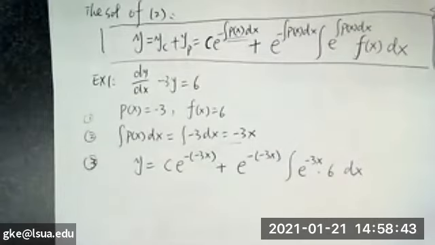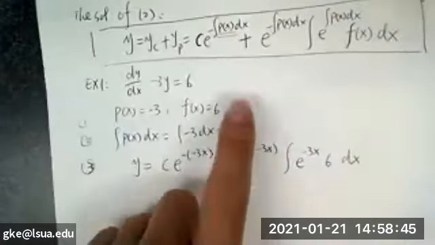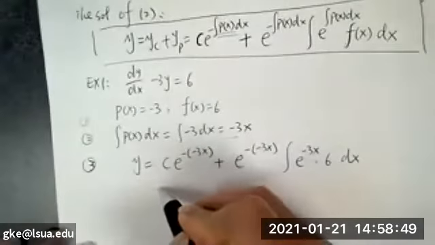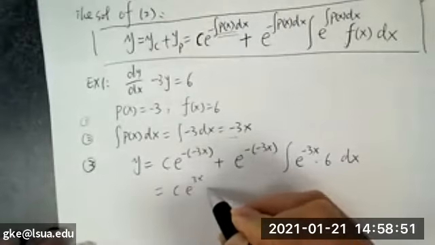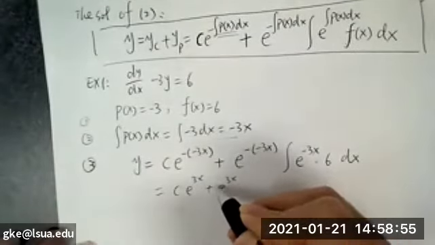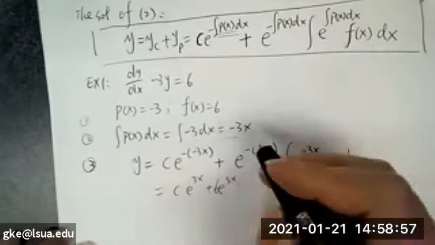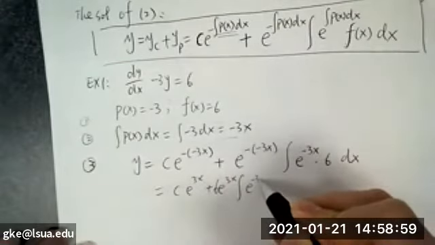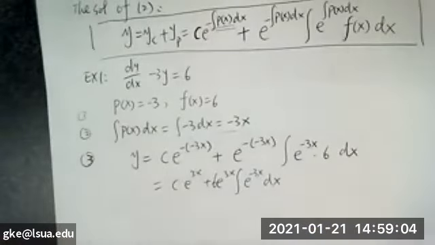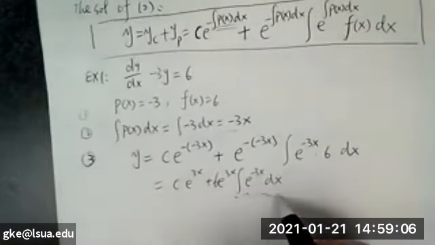Understood? Plug in this integral here. Okay, and now you can simplify it. You can put the constant outside of the integral. Now the problem goes down to this integral.